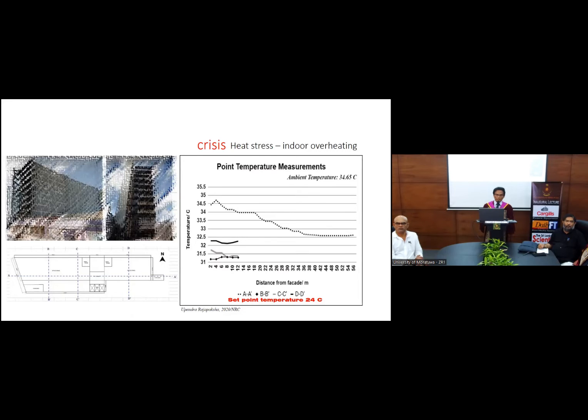Thermal investigation of this building shows that there is a diversity of indoor temperatures in a typical floor plan, but all the measurements are well above 24 degrees centigrade. The internal area close to the facade is at 34.5 degrees centigrade because the hot sun is outside. So it's another dimension of this critical issue.